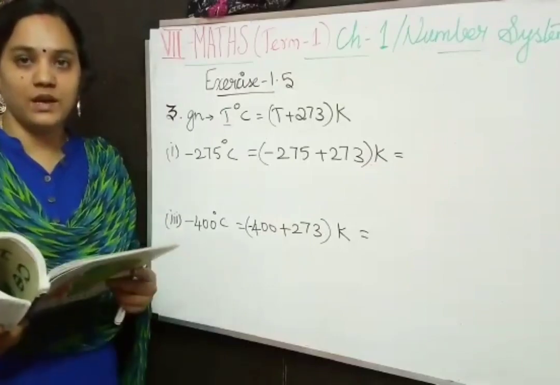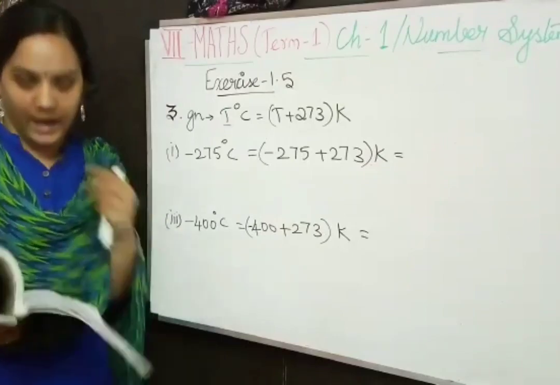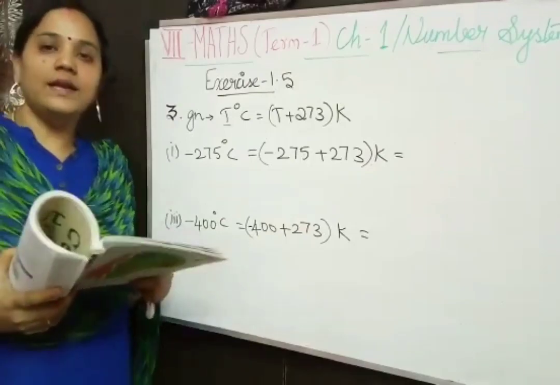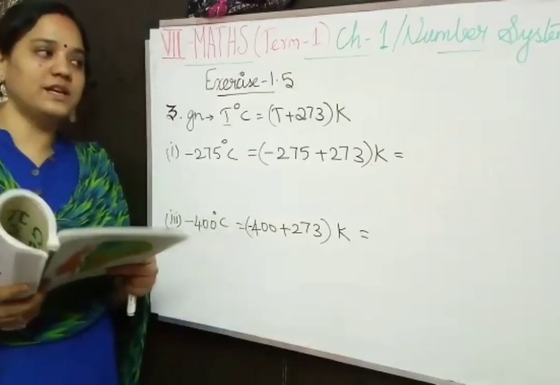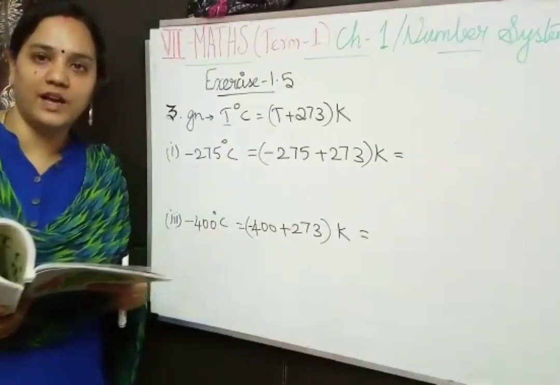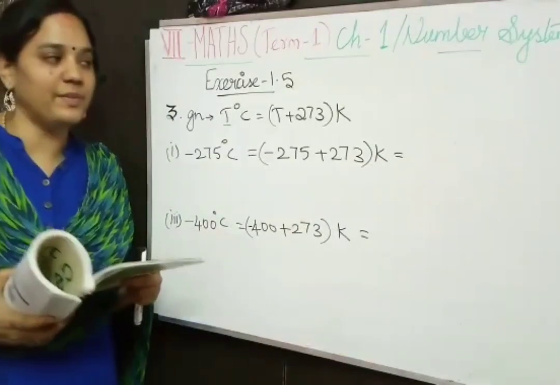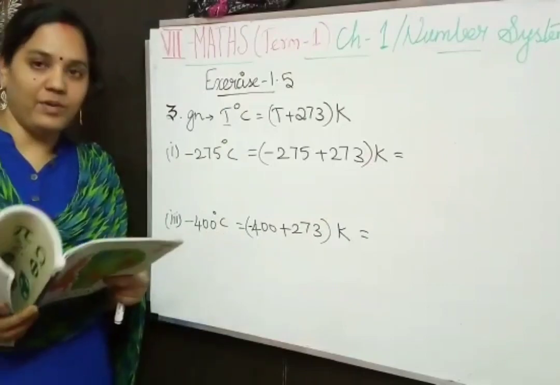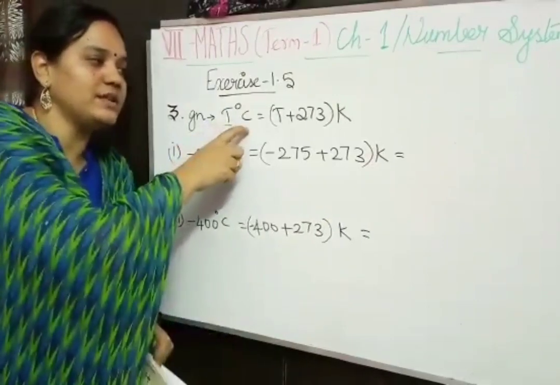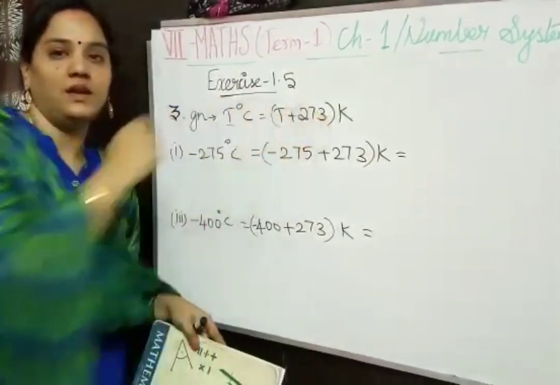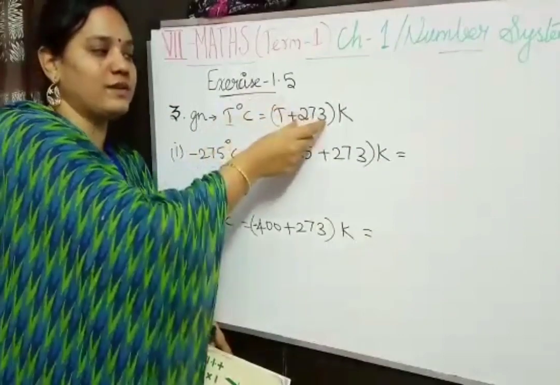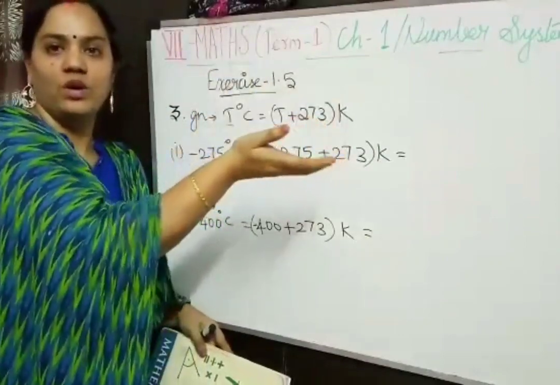Scientists are using the Kelvin scale, K, as an alternative to degrees Celsius. So instead of degree Celsius, they are using the Kelvin scale, which we mention as K. Okay, they have given us the conversion. So T degrees C means T plus 273 K. That is, whatever degrees C is given, if we add 273 to it, we can convert it to Kelvin.